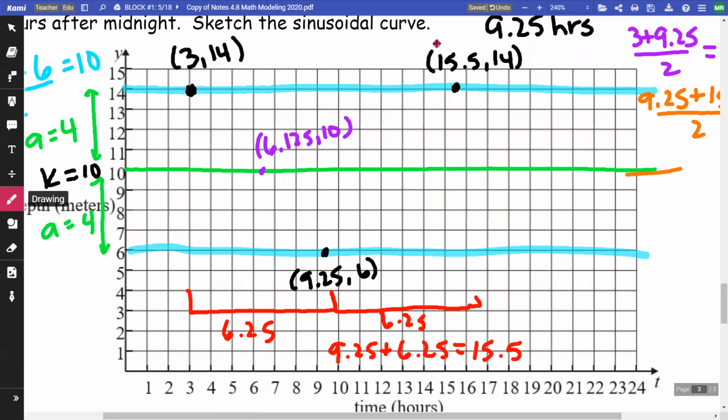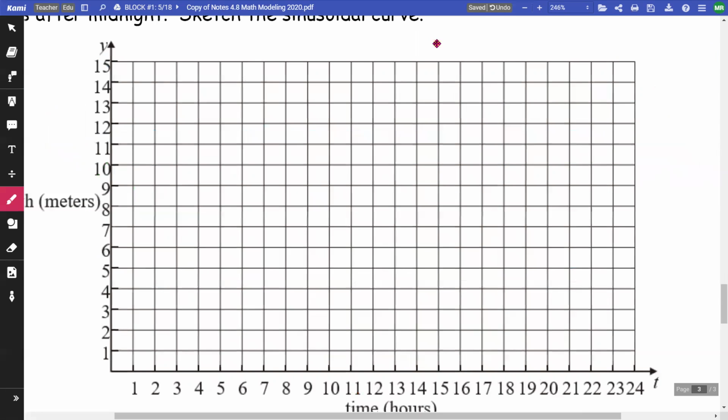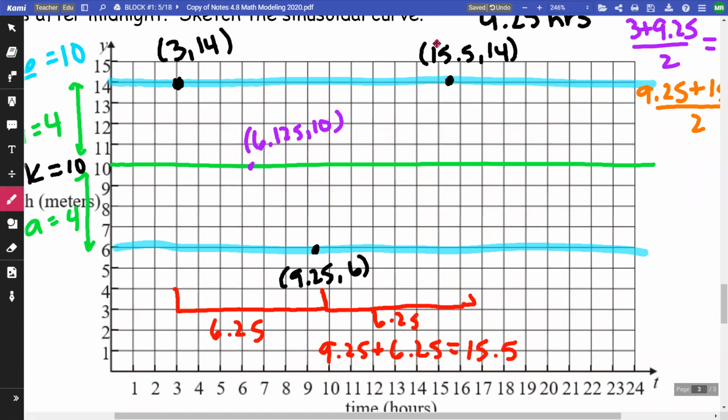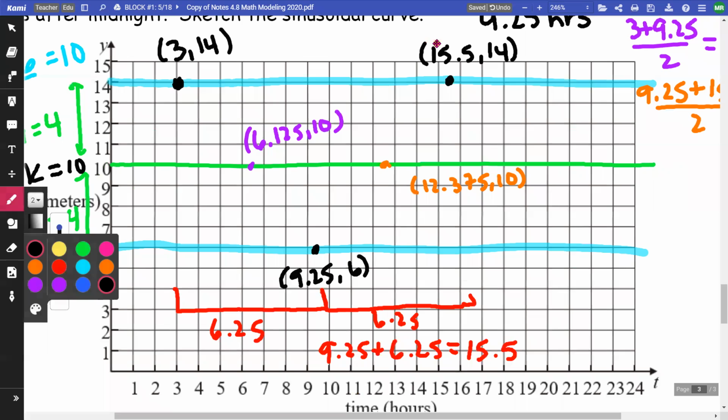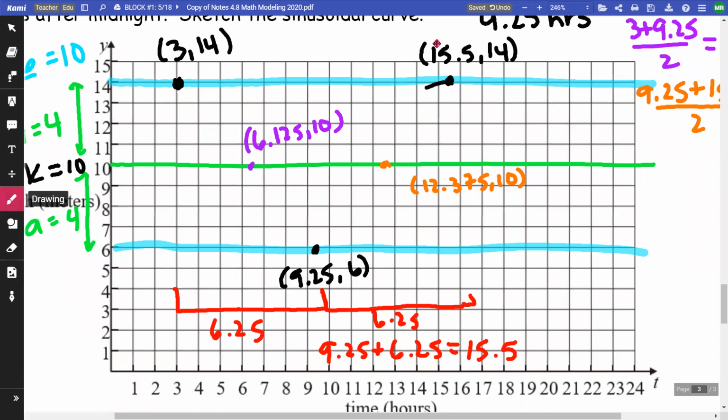And 12.375, again I'm just approximating it, but I'll put the value: 12.375 comma 10. And then I can draw my graph. Okay, so there's my whole graph.